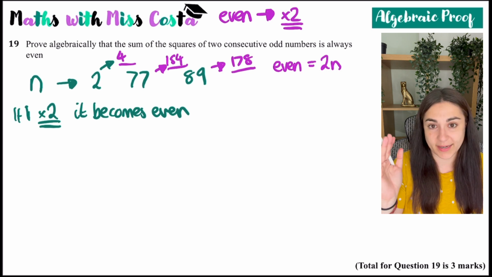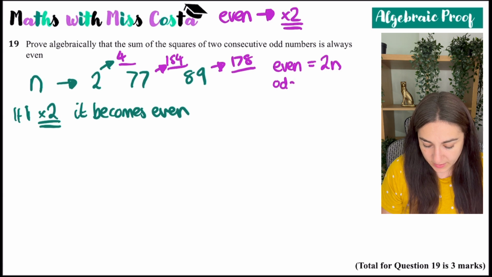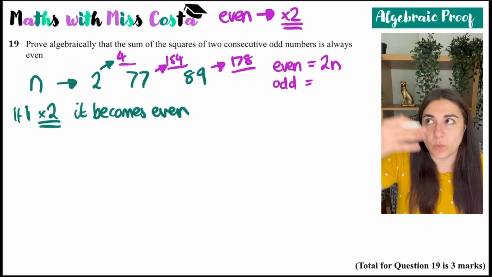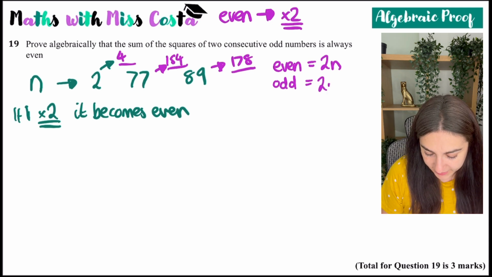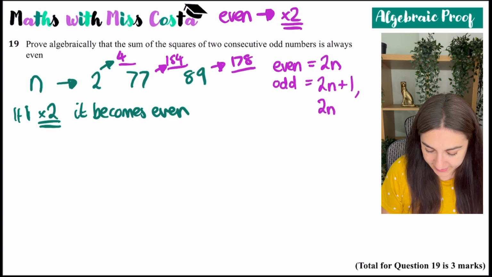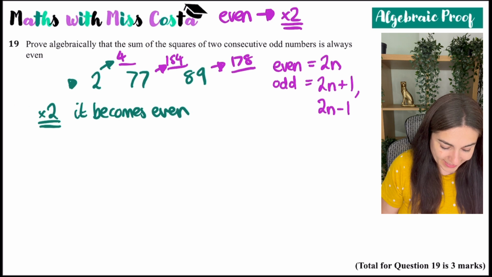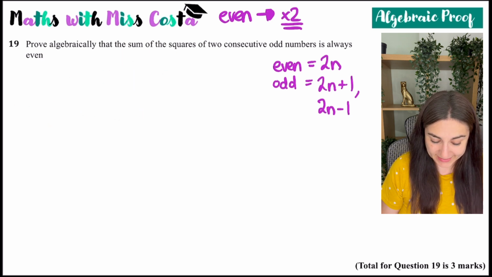Therefore, if an even number is 2n, an odd number is always 1 more or 1 less than an even number. So an odd number could be 2n plus 1, or you could represent it as 2n minus 1. And that's the really basic key thing that you just need to know and understand.